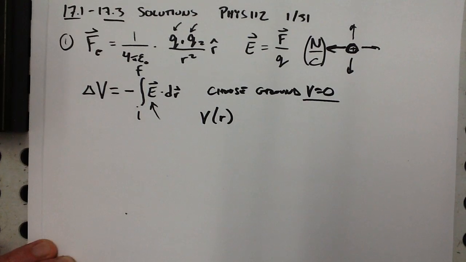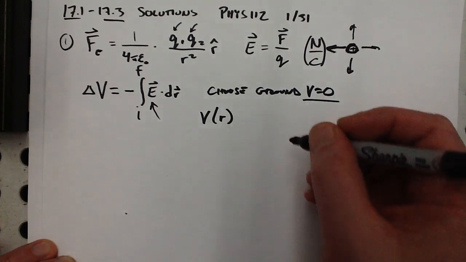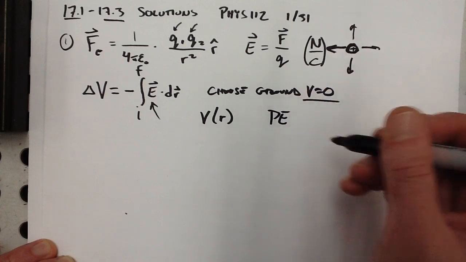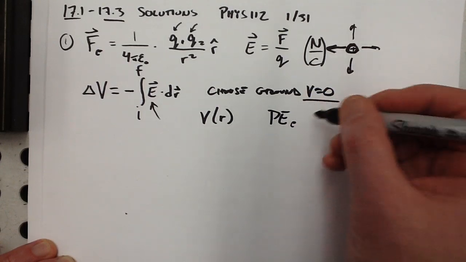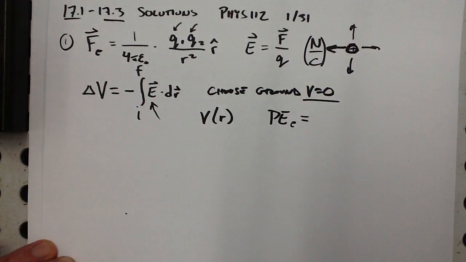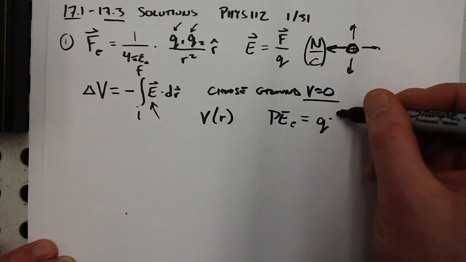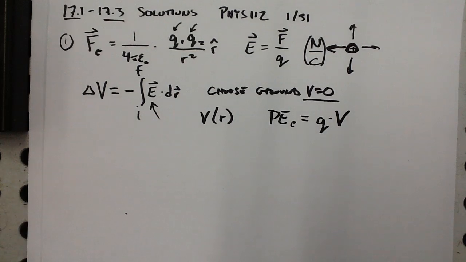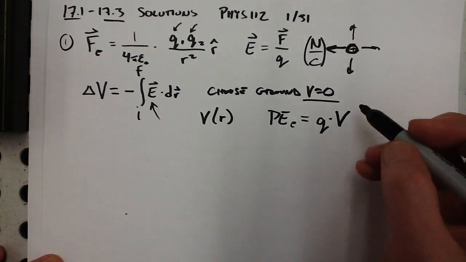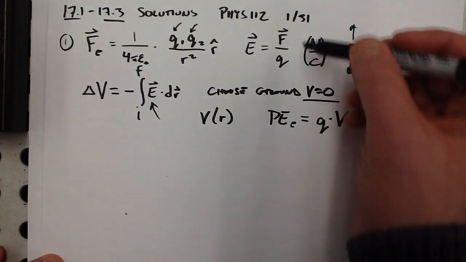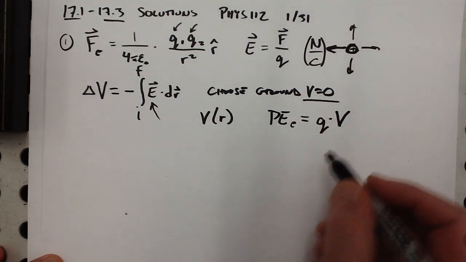Otherwise, you can talk about the delta V. And then we know that the electric potential energy is the charge times that electric potential. I want to point out the similarity between these things.